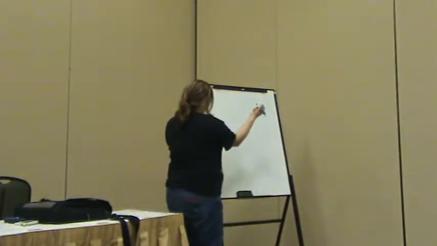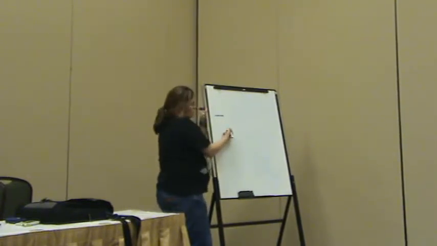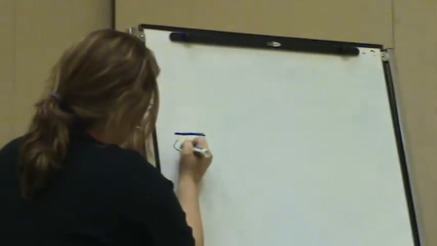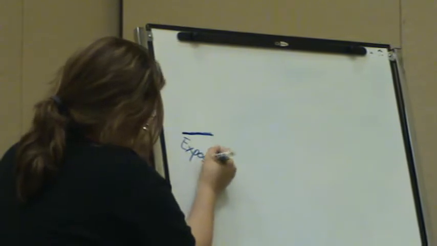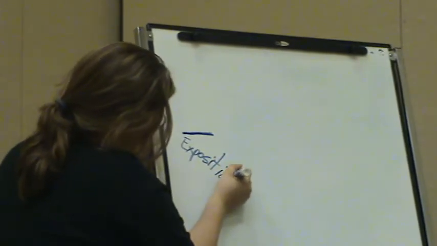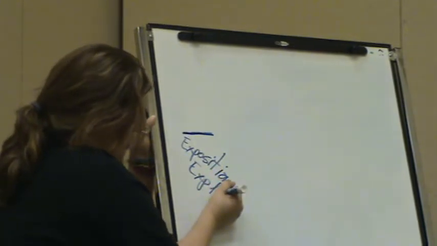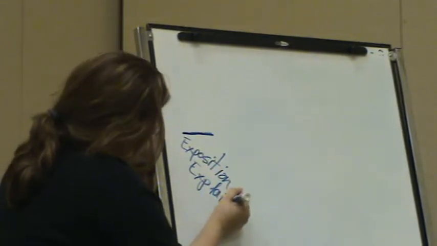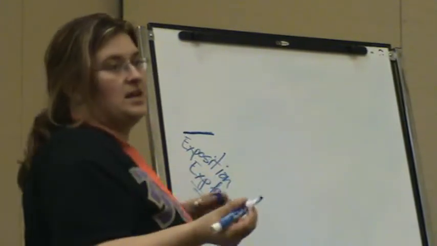You have a kind of dull start, which is called the exposition, where you're explaining the story as well as you can. You're setting up the world, you're setting up aspects, everything like that.